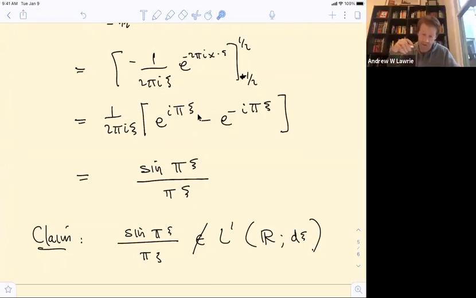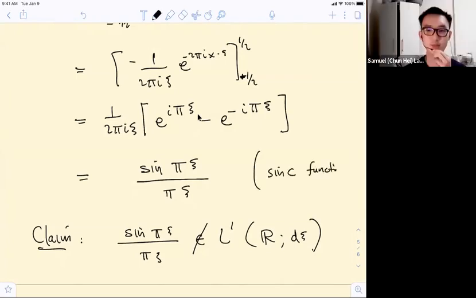Yeah, this is called the sinc function. Even though sometimes in the textbook there might not be pi, that doesn't really matter.